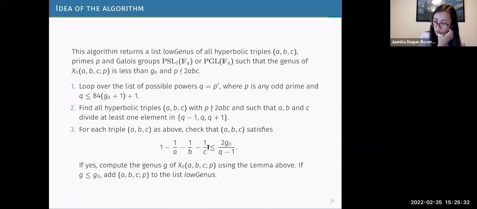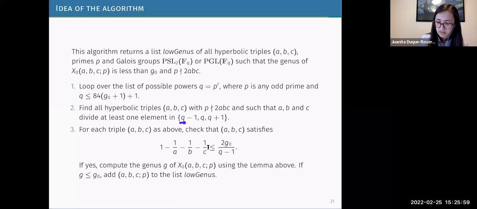So what you do is you have a bound for Q. So you loop over all possible powers of primes that are smaller than this bound. And then for each Q, you find all the possible triples that you can have for a triangular modular curve. And remember that our lemma was about divisibility.